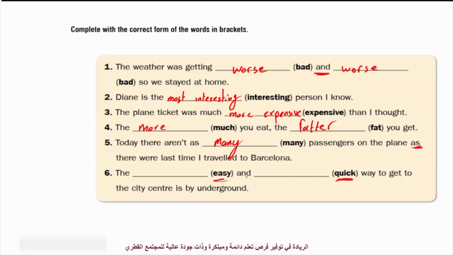The easy becomes the easiest in this case, but we have to transform the y into i. It becomes the easiest and quickest way to get to the center is by underground.